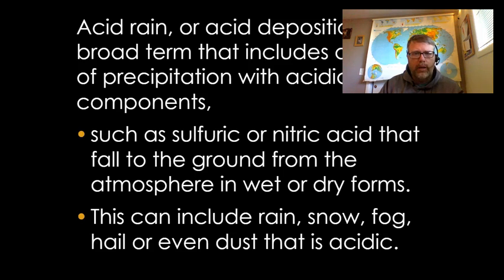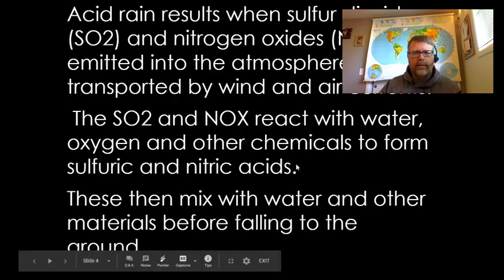Okay, so there could be any kind of precipitation with an acidic component. Okay, so the acidic components normally mean sulfuric or nitric acid that fall to the ground from the atmosphere in wet or dry forms. Like I said, that can be rain, snow, fog, hail, or even dust that is acidic.